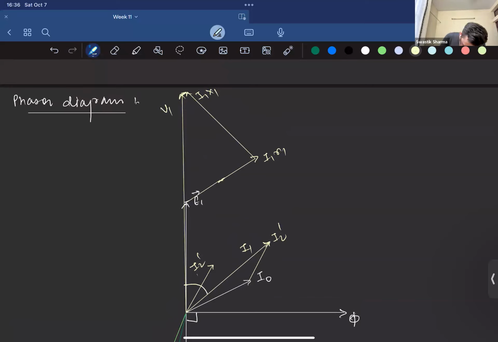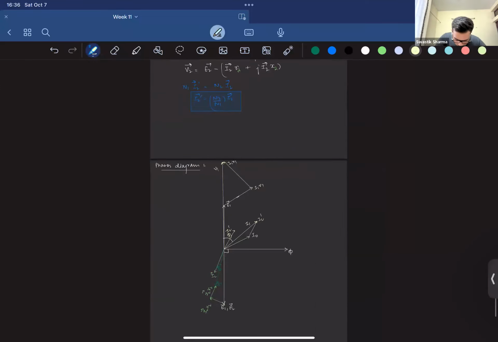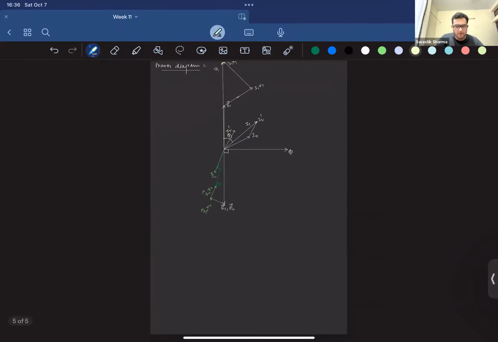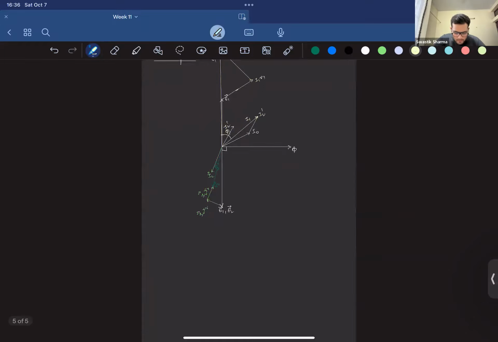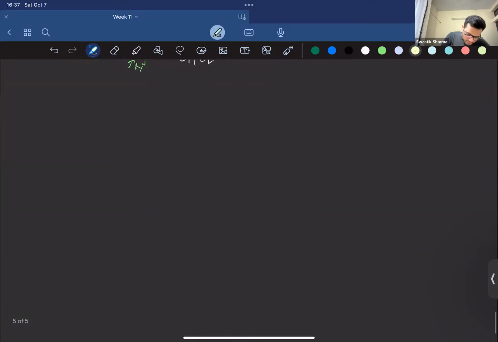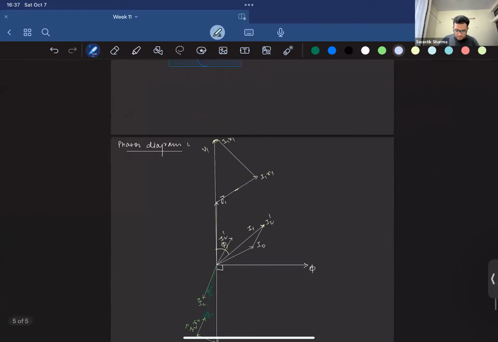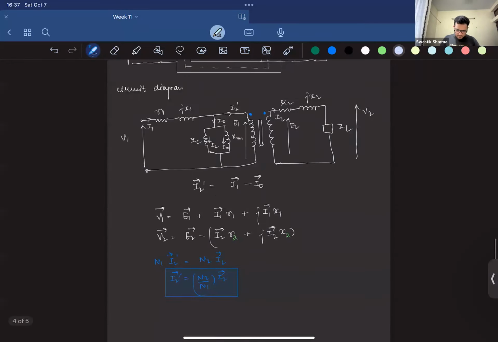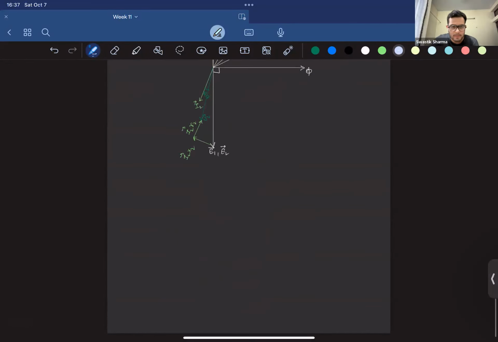And the direction, this is phi1, and I1 will lag V1 by phi1. So that's how you draw a phasor diagram for an on-load transformer. Now let's talk about equivalent circuit representation. So any questions up until now? Fairly simple, right?